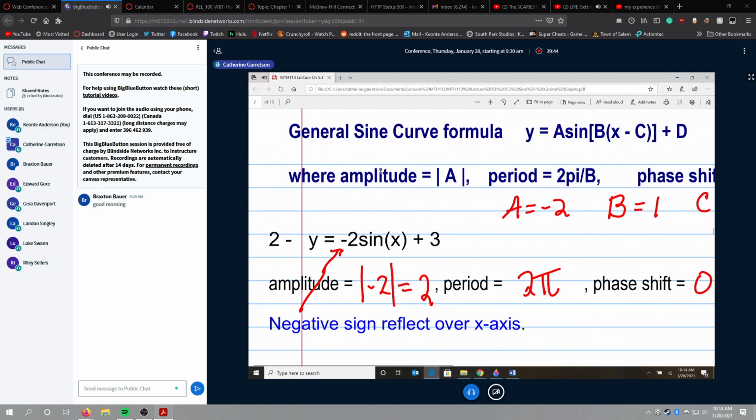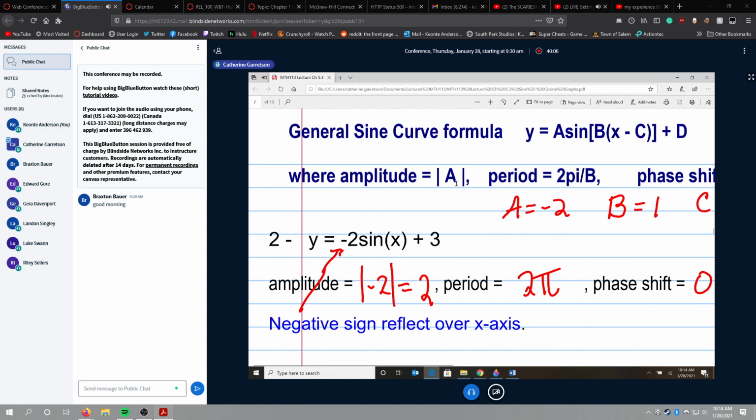Now, what is the amplitude? The absolute value of the A. So our amplitude is 2. That means the graph is going to go up to 2 and then down to a -2. So it stretched it vertically.